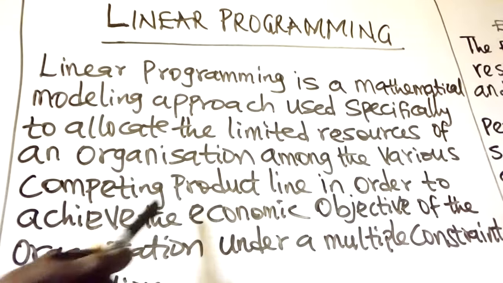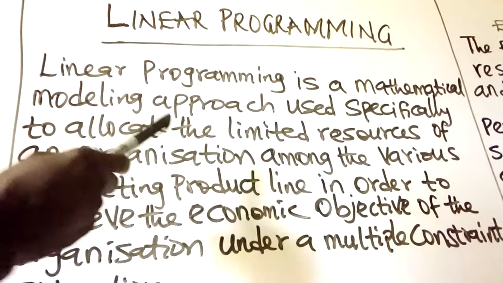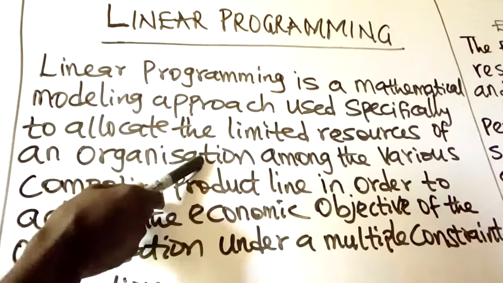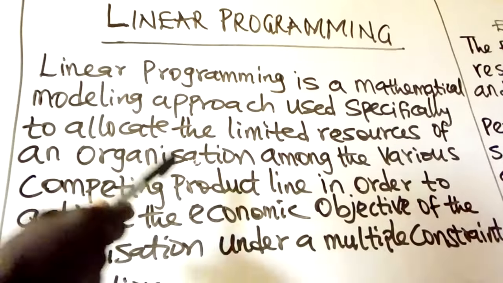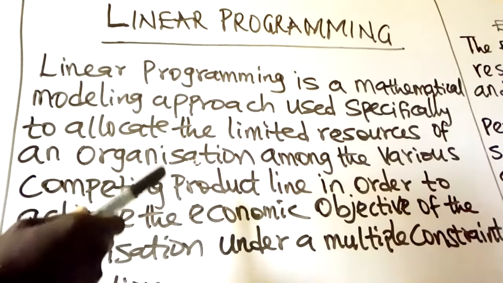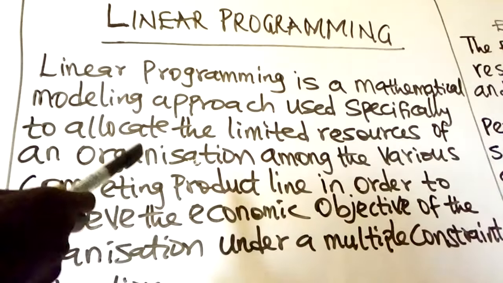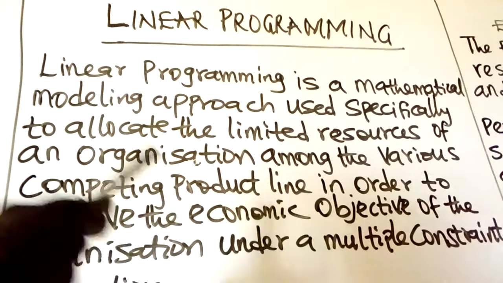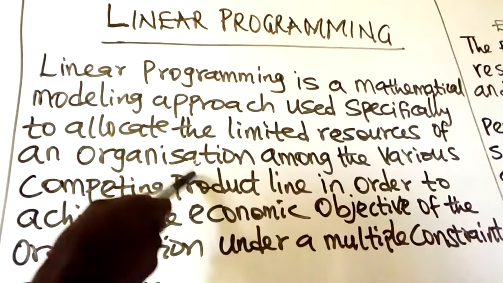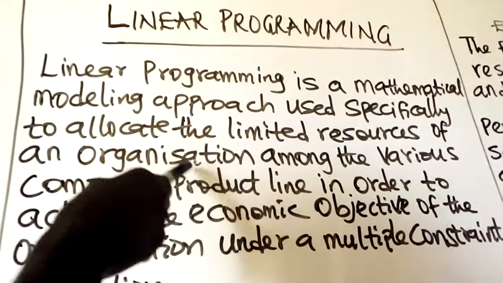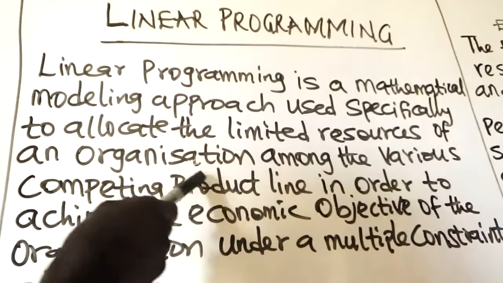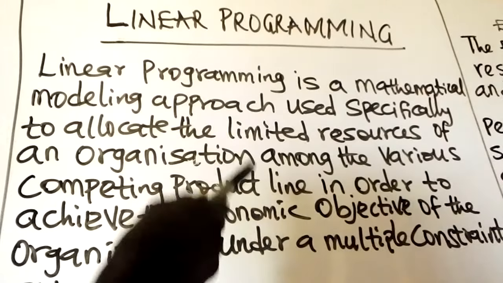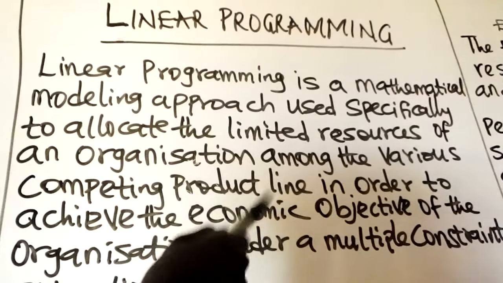Linear programming. Linear programming is an extension of the optimal product mix decision. If you have watched my lectures on limiting factor, I've told you that it covers a single limiting factor. So linear programming is an extension of that single limiting factor which I have covered. It is used where two or more organization resources are limited in supply.